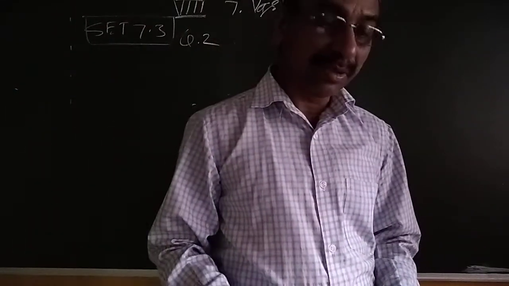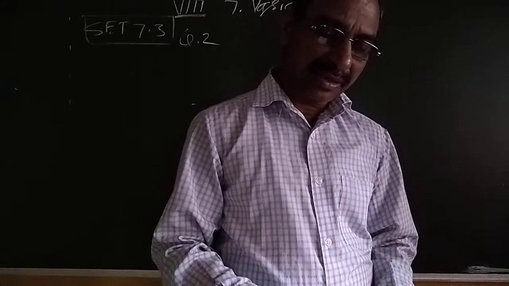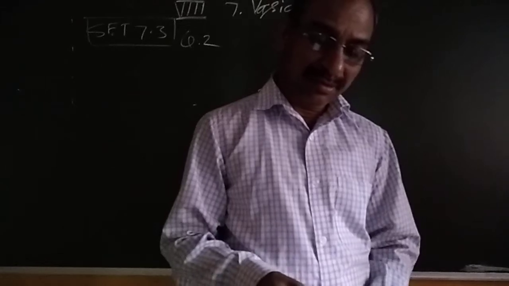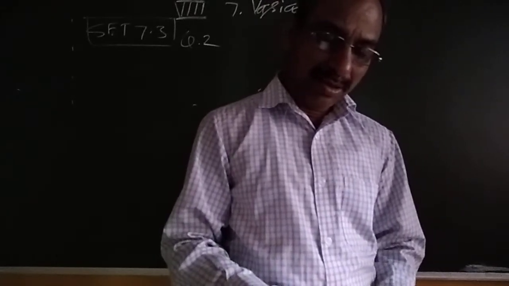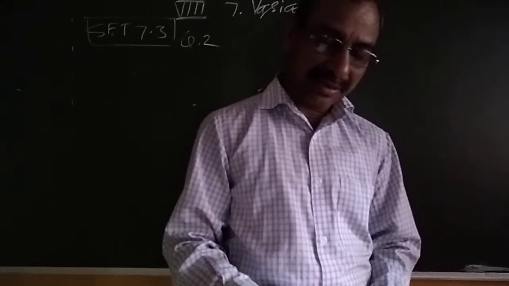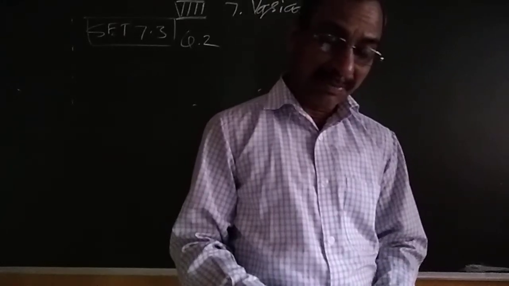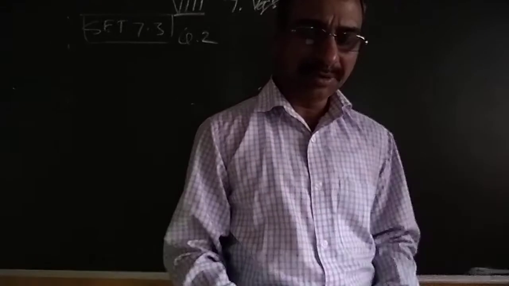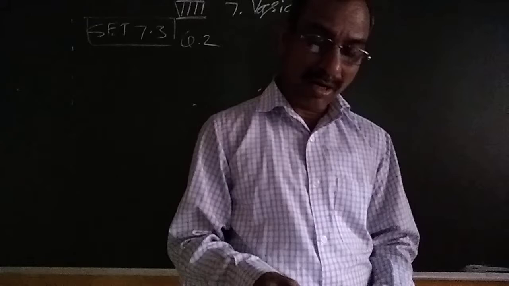I will read question number 2. If 15 workers can build a wall in 48 hours, how many workers will be required to do the same work in 30 hours? Means 15 workers build that wall in 48 hours.